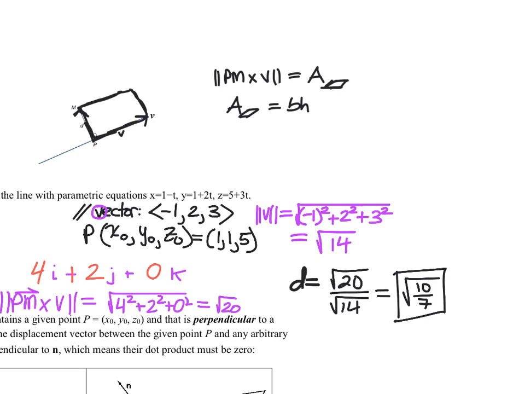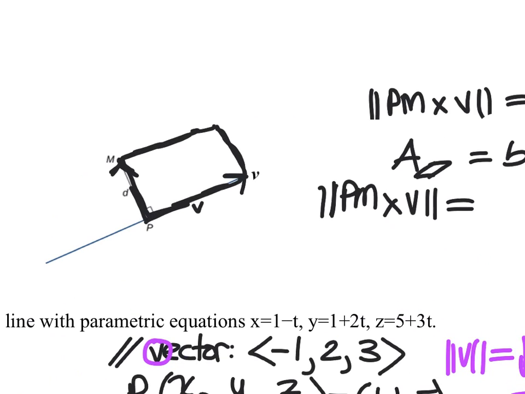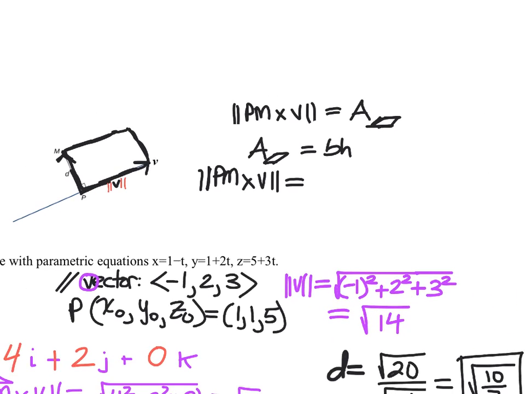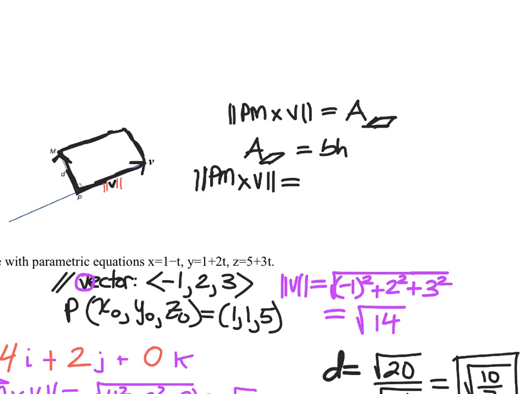So I'm saying that PM crossed with V would be equal to the base times the height. Now, the base here can be thought of as the magnitude of vector V. The height can be thought of as, well, we're calling it D, but it's really the magnitude of PM. So I'll just write magnitude of PM.